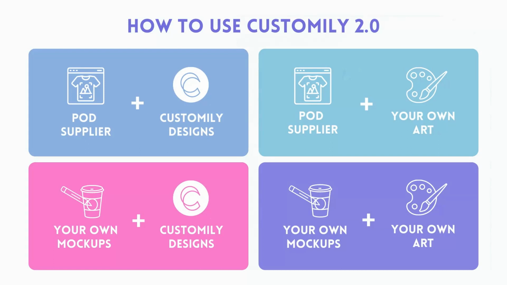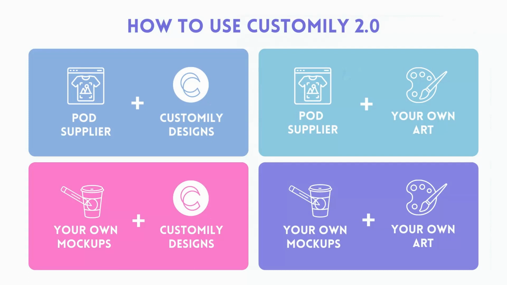You can work with a print-on-demand provider, but choose to add your own designs to the products. In this case, you will have to populate your design library before being able to publish products in your store. And we have a design studio that is meant for you to create stuff from scratch.